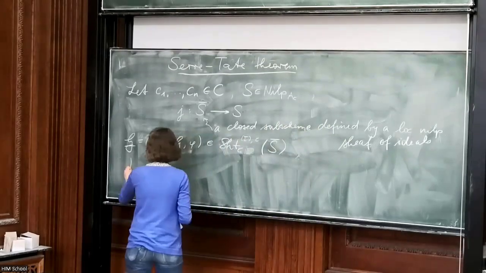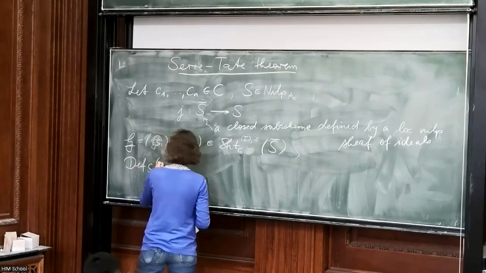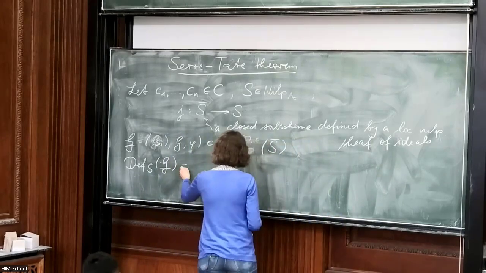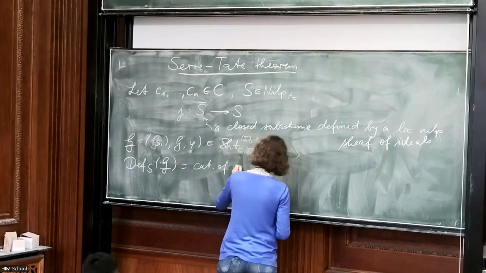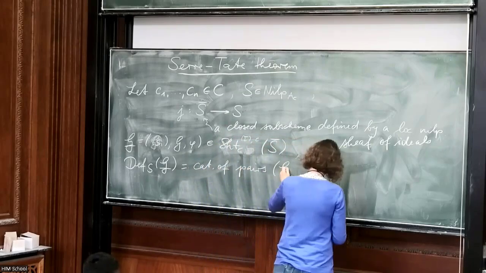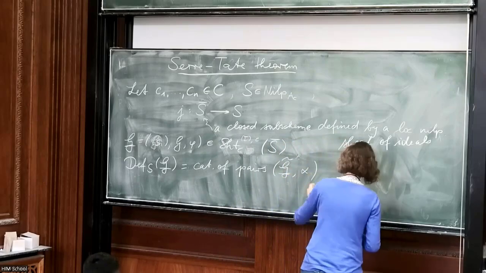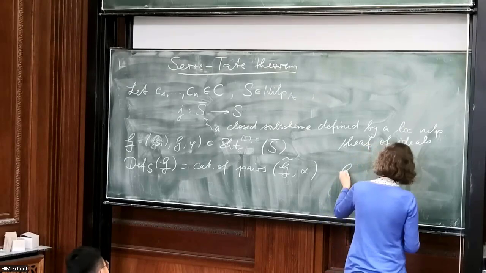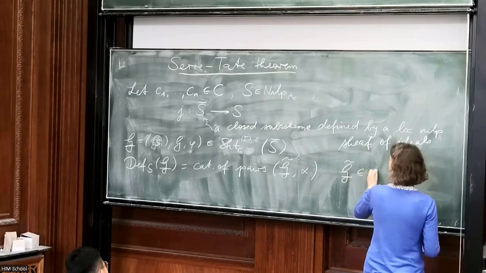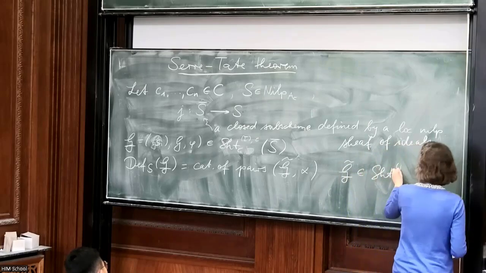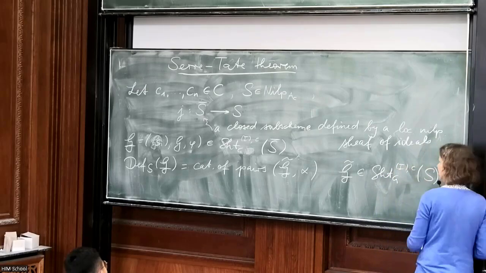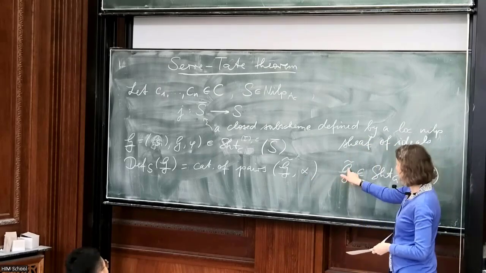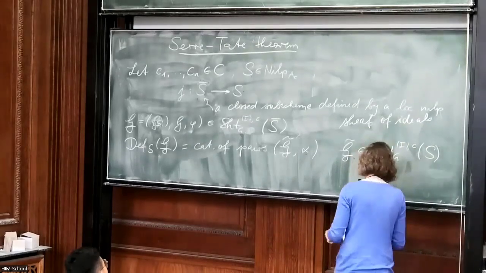And then deformations to S of this fixed global G-Shtuka G underline: this is the category of pairs, say G underline tilde and α, where G underline tilde is in Shtukas for I over C of S. And then you want that α is an isomorphism between the reduction to S bar of this G tilde and the original global Shtuka.